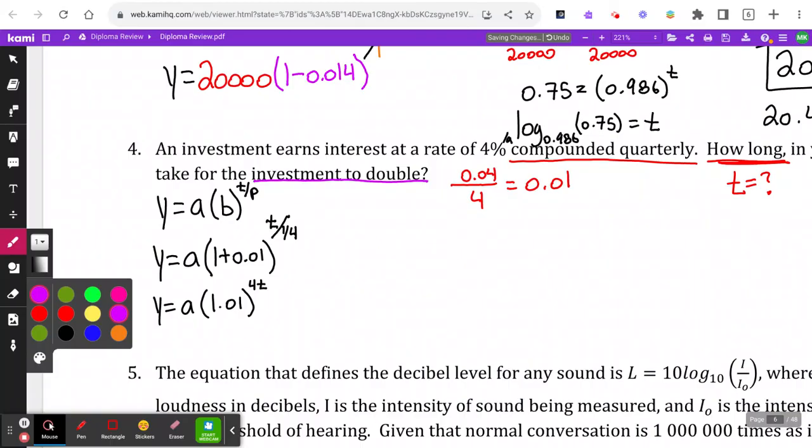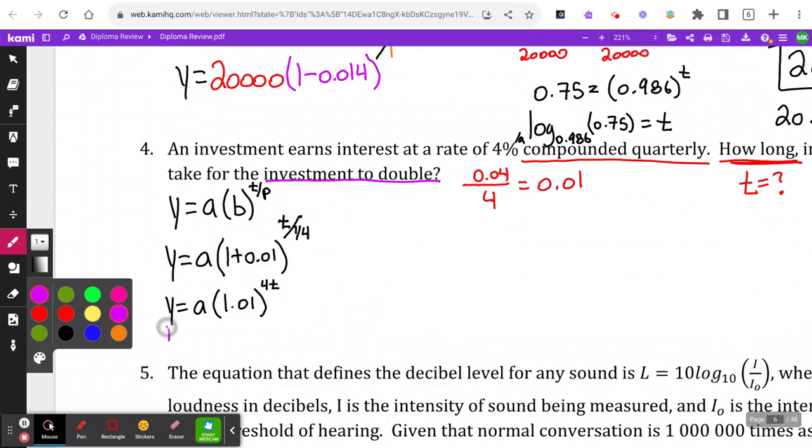So they didn't give you a starting value and they didn't give you an ending value. But what they told you was they want your end value to be double your starting value. So they told you that this is 2a. You're doubling your starting value.